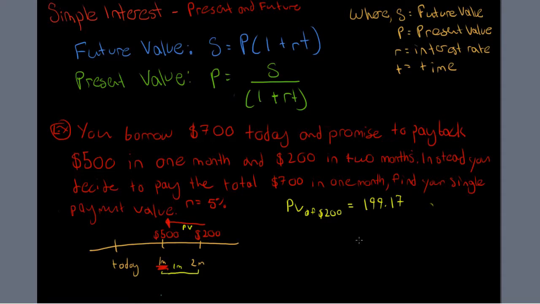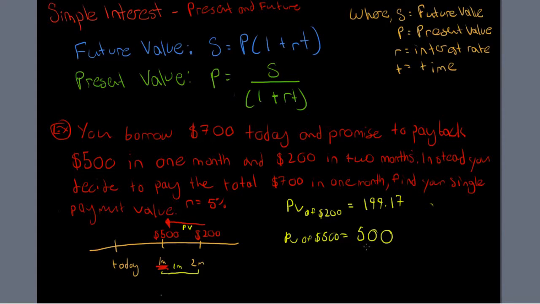However, the question is asking for the single payment value. Because we were supposed to pay that 500 as well, we also need to find the present value of the 500. And since that 500 was supposed to be paid on that 1 month day anyways, the present value of that is just $500.